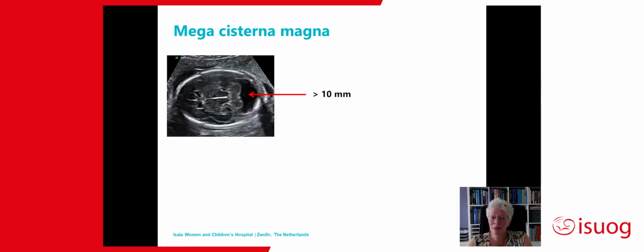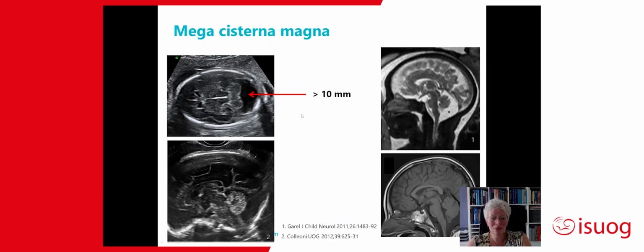And because we have a normal shape of the vermis, usually the prognosis is really good. So how does it look on ultrasound? Here we have the axial plane, where we can see the cerebellum, but here a cisterna magna which is more than 10 millimeters. And then if we look at the sagittal views, here we have an ultrasound image, there we have a fetal MRI, and here we have a postnatal MRI. First we see a normal vermis.